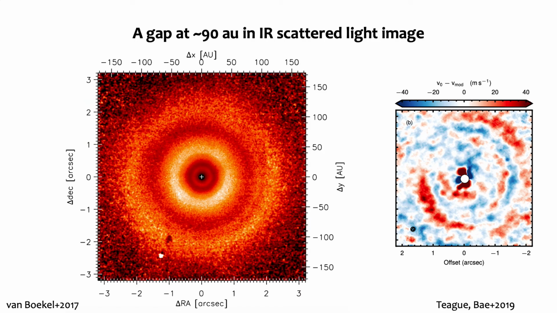And another hint is that this is now a VLT observation in infrared. And if you look at this part here, this gap at 1.5 arcseconds, this is at about 90 AU. So we believe that there's some decrease in density in small dust grains there as well. So it is also consistent with the idea that there's a planet at around 90 AU.